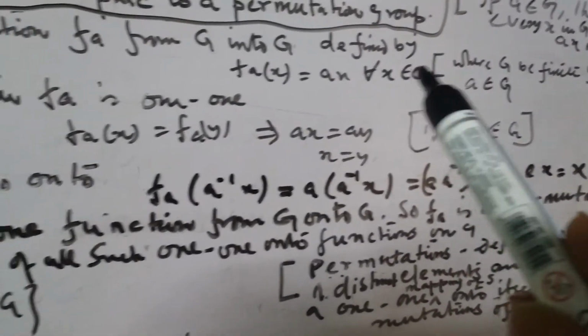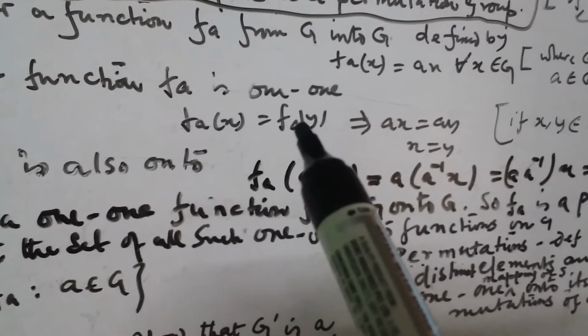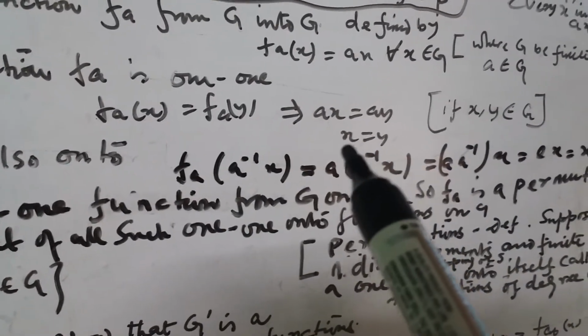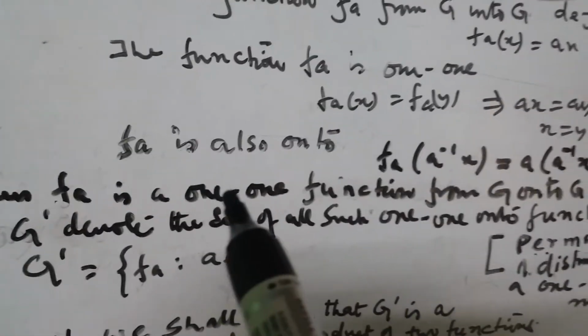For all x, at first we prove the function is 1-1. We have to prove f_a(x) = f_a(y), then you can write ax = ay, then by the cancellation law x = y, so it is 1-1.